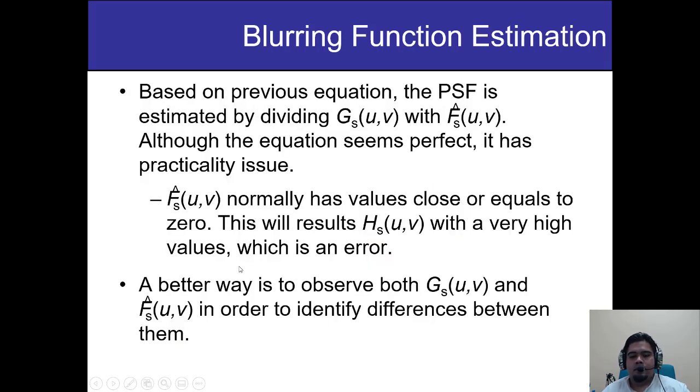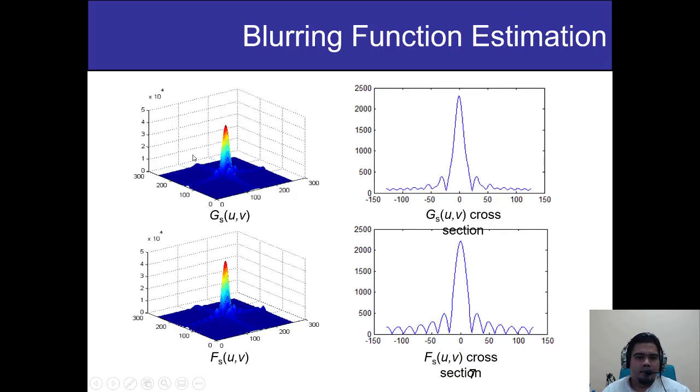Now the issue is, if you put a cross section here, so if you scan a cross section over here and plot the graph, and the same for this one, you plot the cross section and then plot the graph, then we can see one-dimensional signals. So this is your GS, this is your FS.